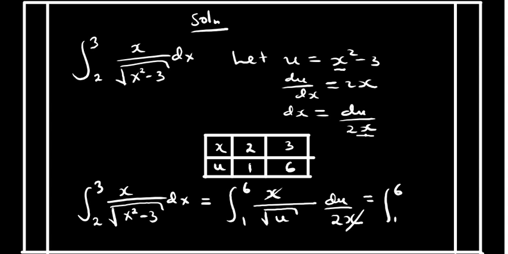I can also see 1 out of 2 root u, but with respect to u. So 1 over 2 being a constant can come out of the integral sign, so that we have the integral of 1 out of the square root of u.